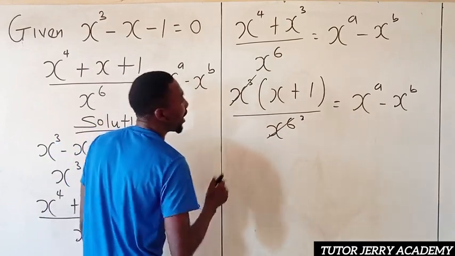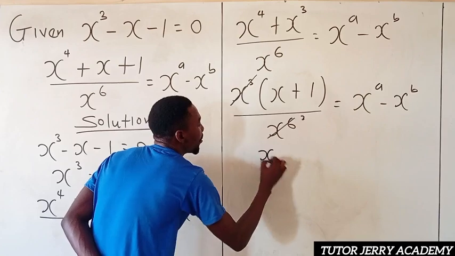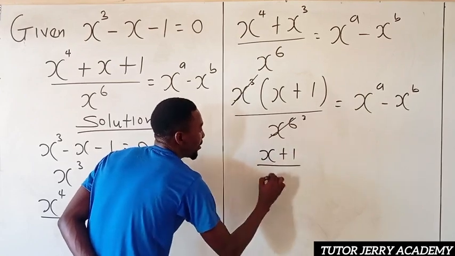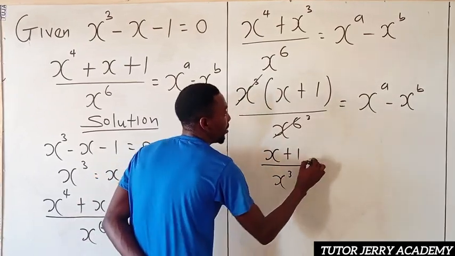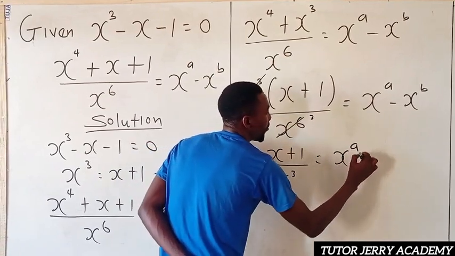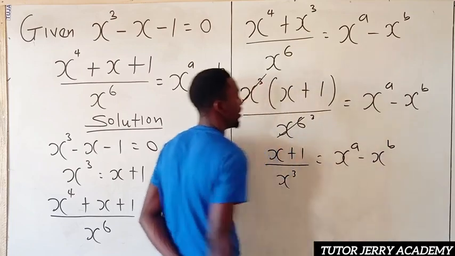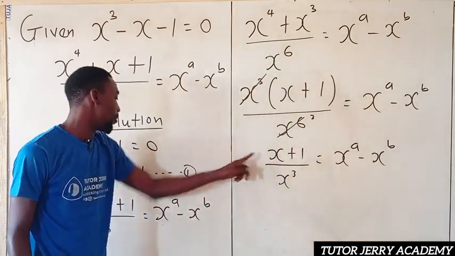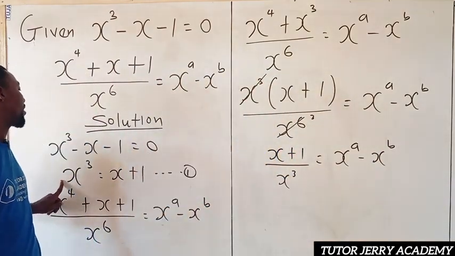So again, we are going to have s plus 1 all over s to the power of 3 to be equal to s to the power of a minus s to the power of b. Alright, we established before that s plus 1 is s to the power of 3.